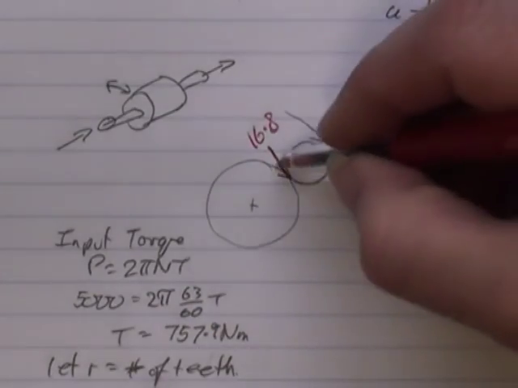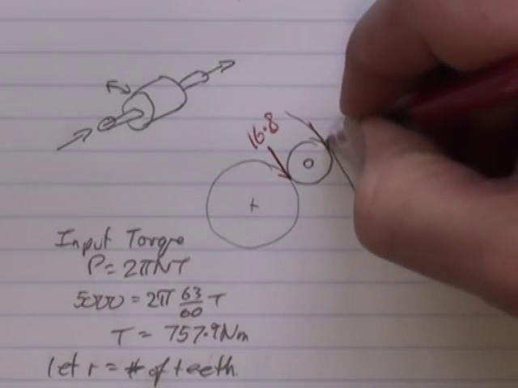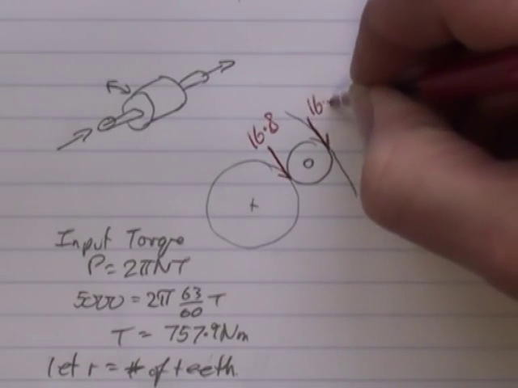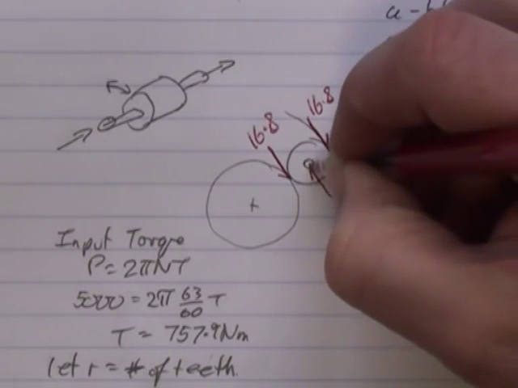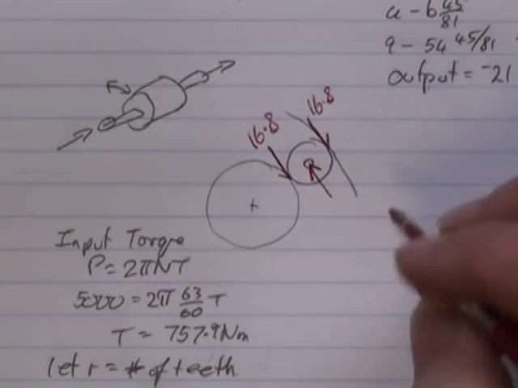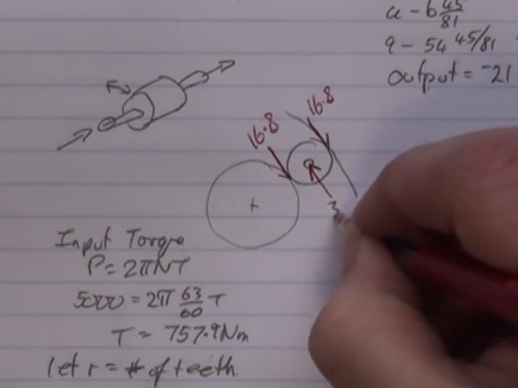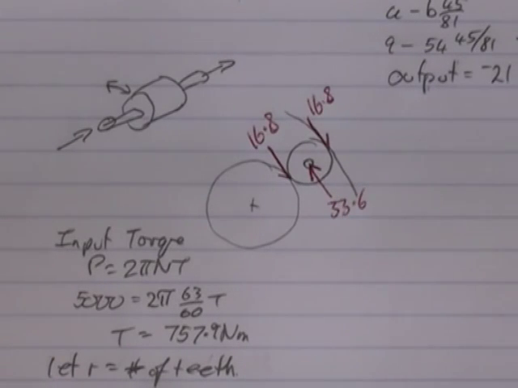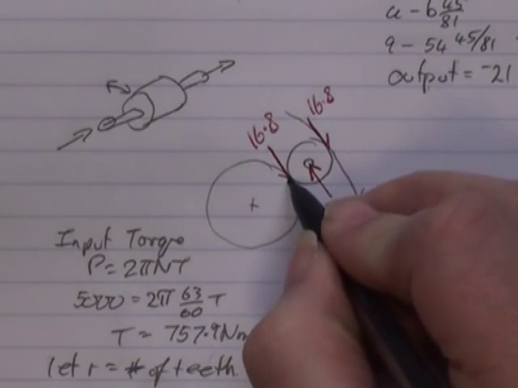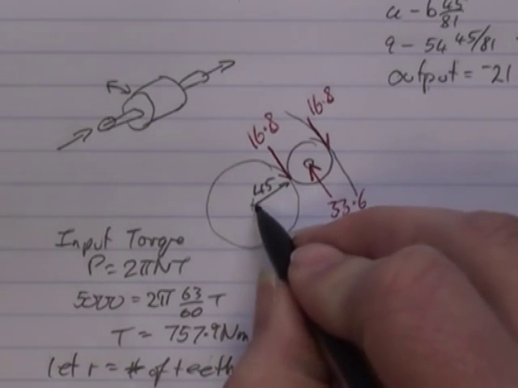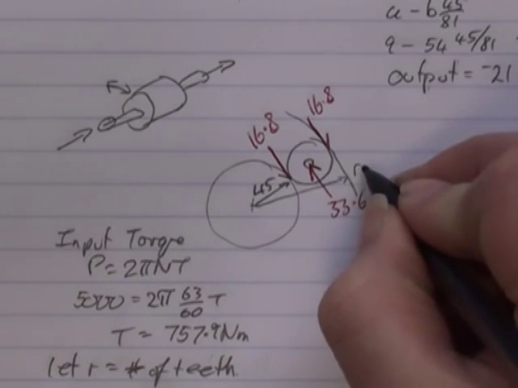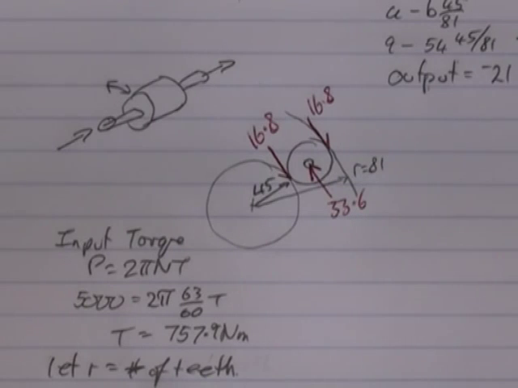So if that force is 16.8, then I must also have a force here of 16.8, and therefore on the pin there must be an opposite force equal to those two at 33.6. So this one here had a radius, we said, of 45. This one out here will have a radius of 81.